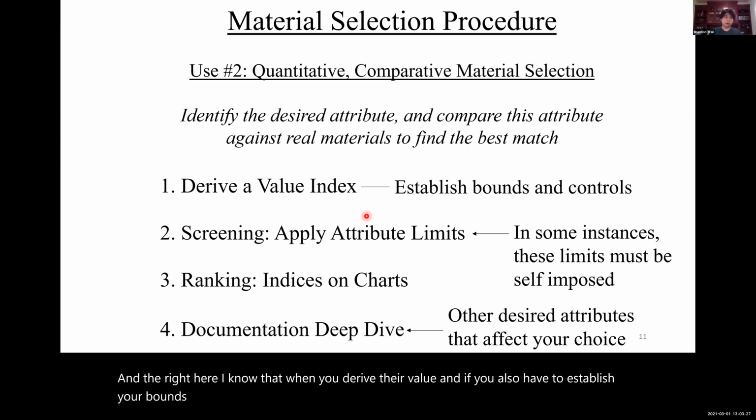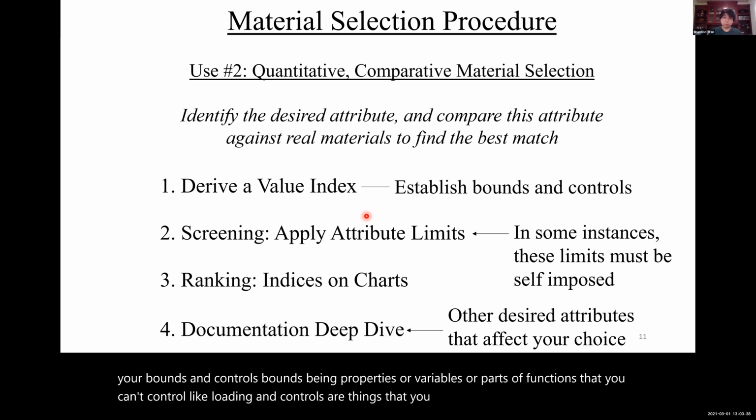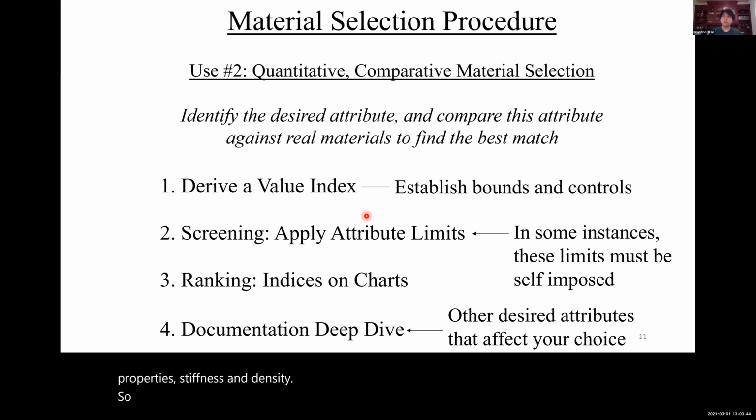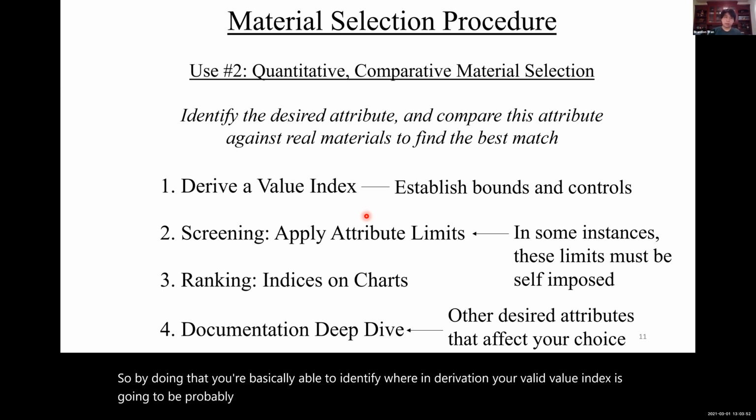Bounds being properties or variables or parts of functions that you can't control, like loading. And controls are things that you can control, for example, the material properties, stiffness and density. By doing that, you're basically able to identify where in derivation your value index is going to be prevalent in deciding your materials. So that's very important.